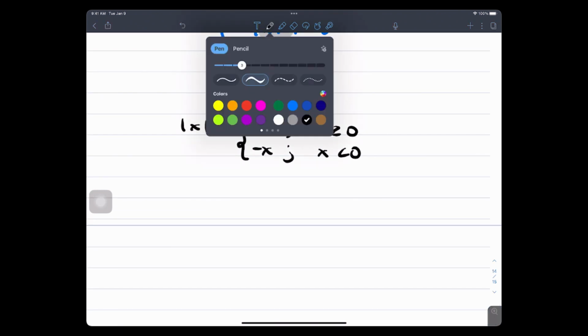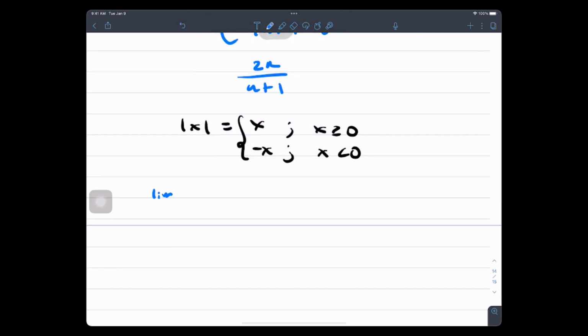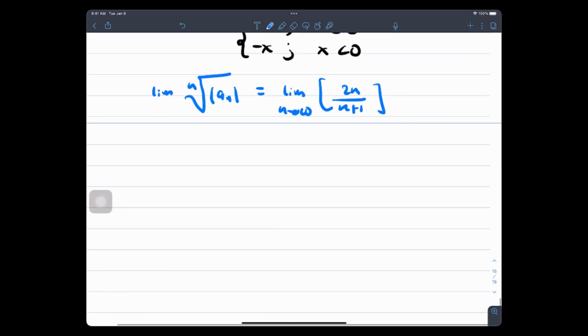So you're going to take the limit here now. Which is the limit of what? 2n over n plus 1. What is this? You guys know? That's what? 2 over 1 plus 1 over n.